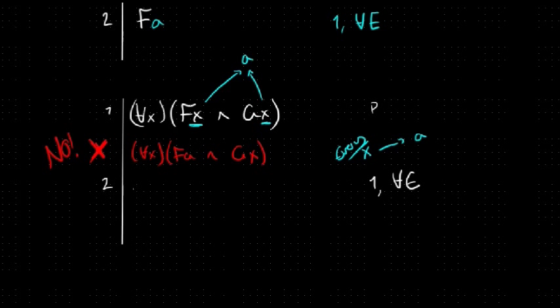So on line 2 we could write FA and GA because we've replaced each variable with this constant, and we've removed the universal quantifier from the front. Okay, so there's just something to remember, that with the universal elimination rule, you have to swap out every instance of the variable in question.